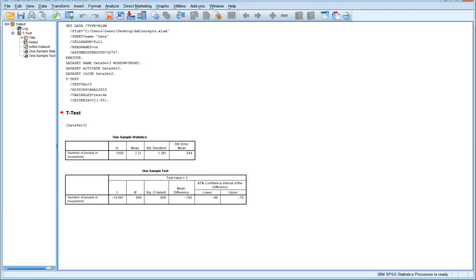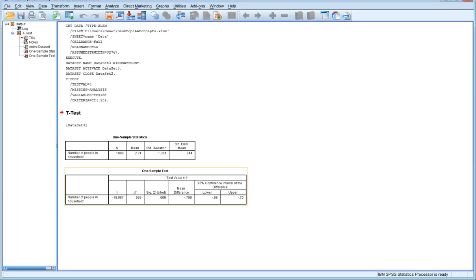Another way to say it is that we are 95% sure that the number of people in household is not equal to 3. So if it is not equal to 3, is it greater than 3 or less than 3? Well, we see that the average for the sample is 2.2, which indicates that it is less than 3. So we can say that the number of people in household is less than 3.